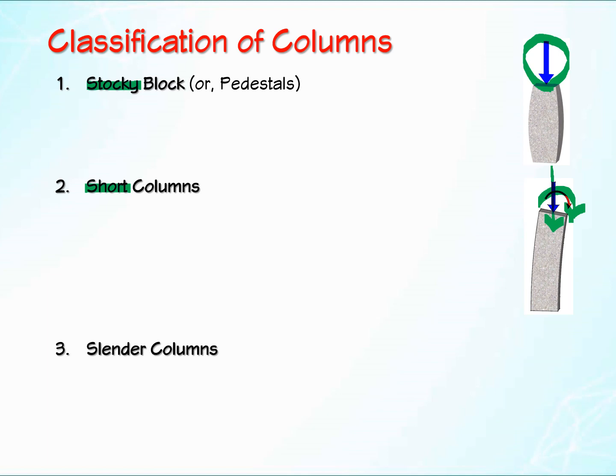And the third class is slender columns. Slender, critically important terminology in structural engineering. And if I use the concept of slenderness ratio for this classification, the slenderness ratio for slender columns somewhere around 200, for example, then stocky columns will have slenderness ratio of somewhere around 30-40, and the short column is in between.